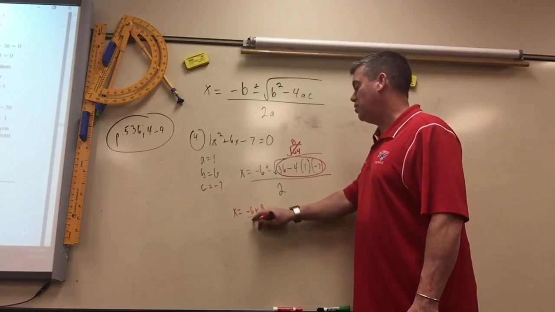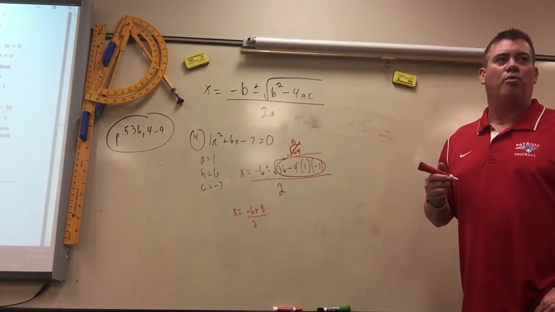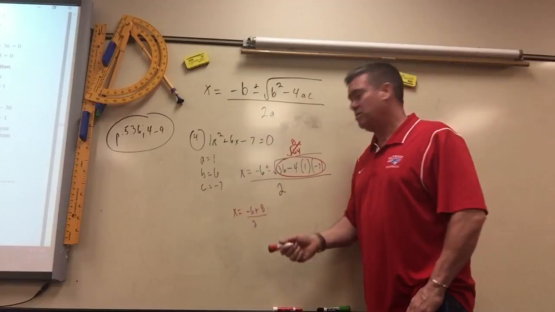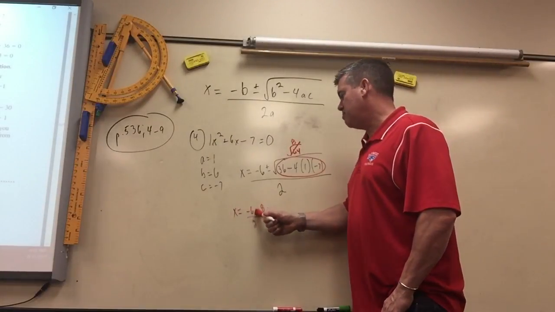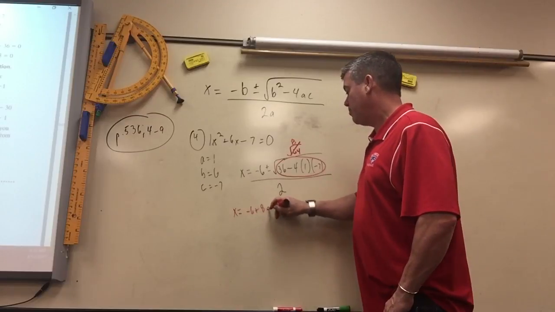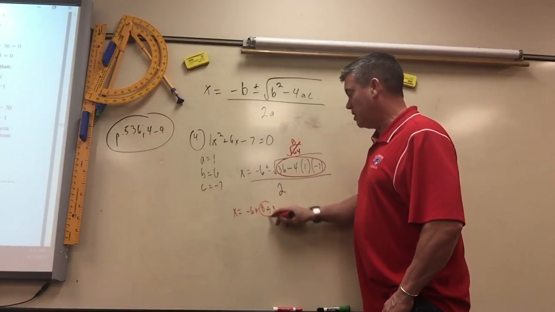divided by 2. Now again, this is something that people get wrong when they're using the calculator. If you just punch in negative 6 plus 8 divided by 2, you're going to get it wrong, because it's going to do the division first.